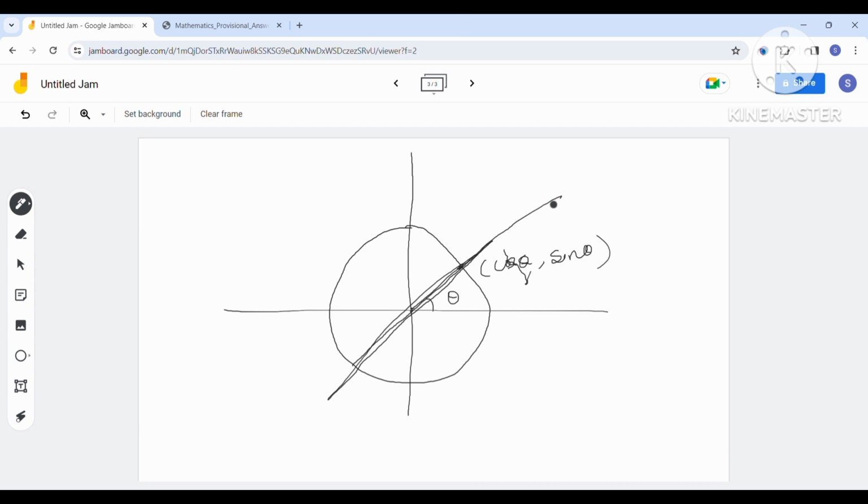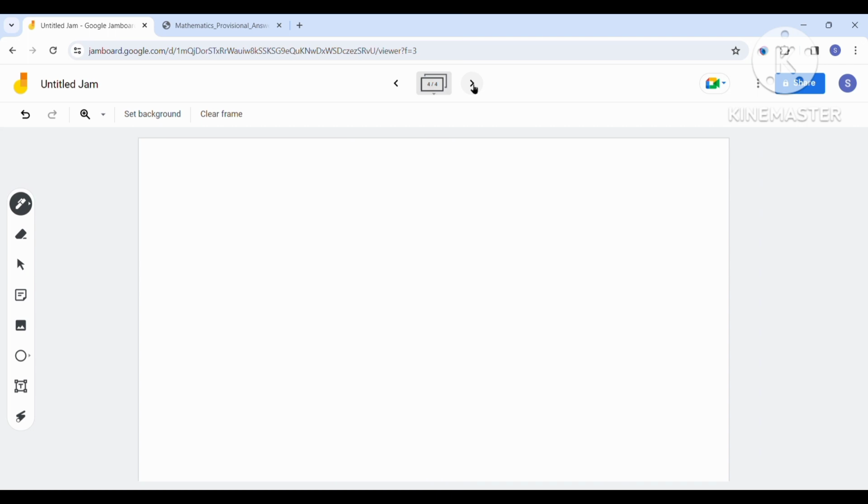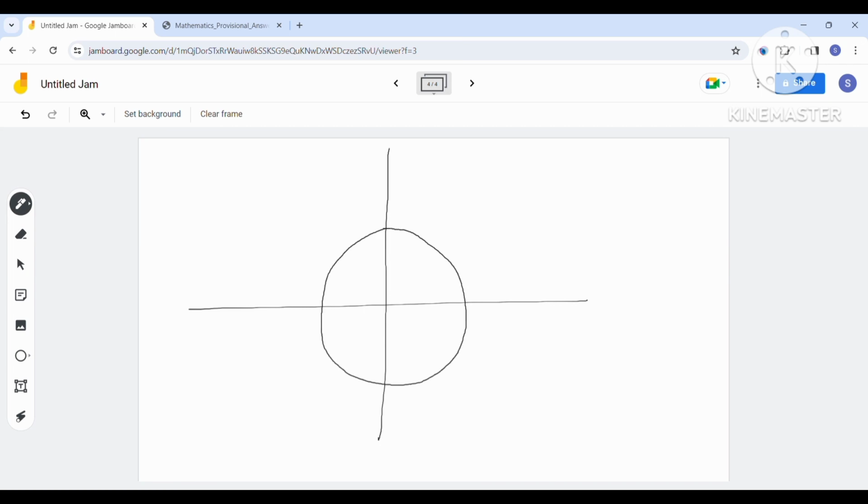Okay, my picture is not good, so let's do another picture. This one is theta, and this is cos theta, sine theta. Okay, that is on the circle. So the linear map is basically a reflection along this straight line.